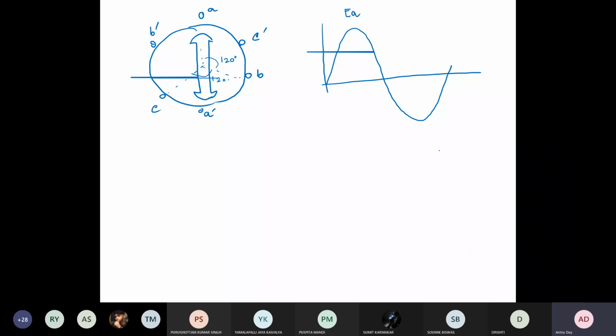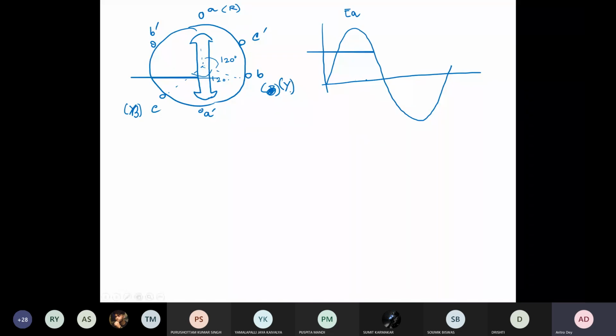Then after 120 degree angle, so this is 90, somewhere here, it will have its zero crossing. So it will be good if I draw in a different color, because we put this phase as red, we call it blue, and then call it yellow, or the other way around, we can call this as Y and we can write B here, we can write Y here.